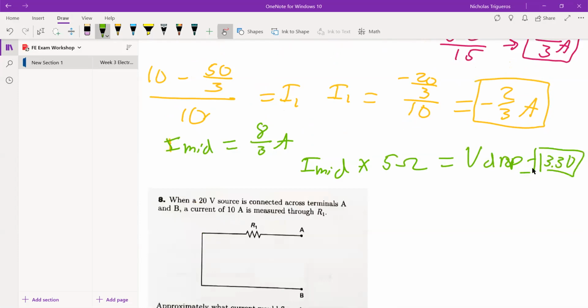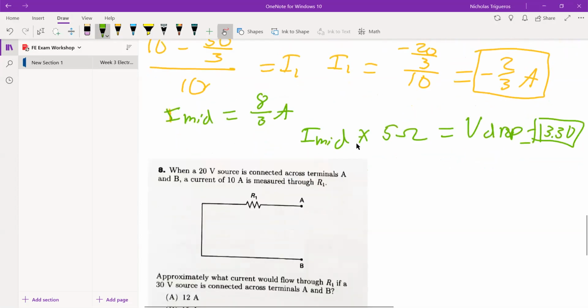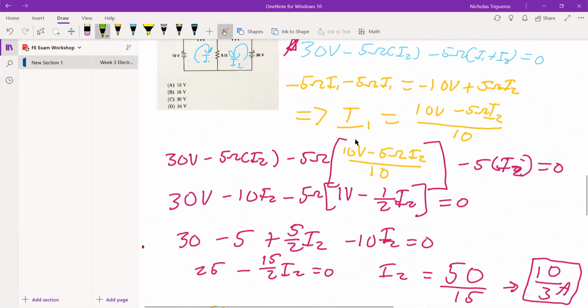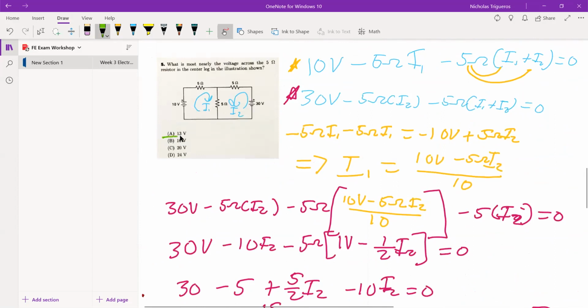So if we look at our answer choices, 13 volts is choice A, so that would be our choice for the answer.